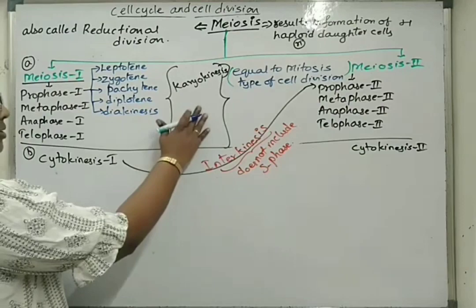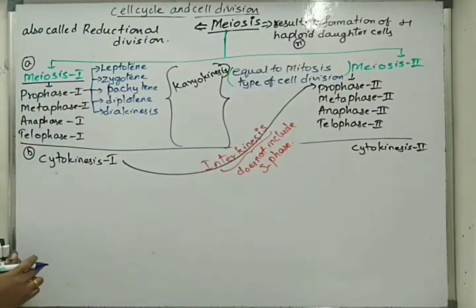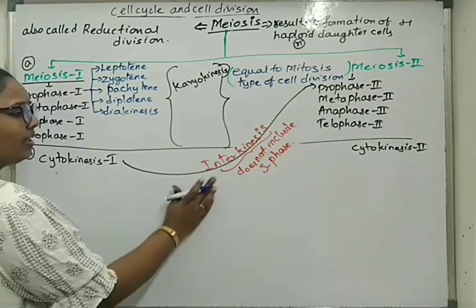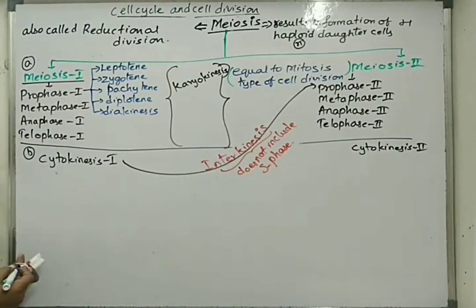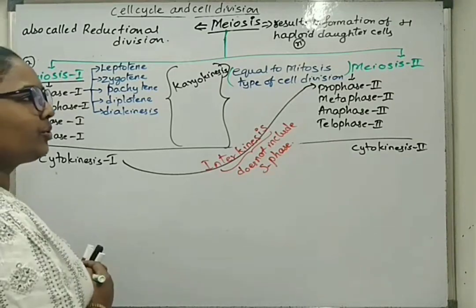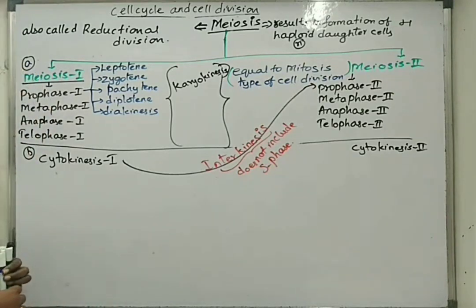So during karyokinesis, all these steps happen. After cytokinesis 1, interkinesis takes place. Then the cell enters into meiosis 2, which starts with prophase 2. After that, cytokinesis 2 happens. Now we will see in detail about all these stages and substages.